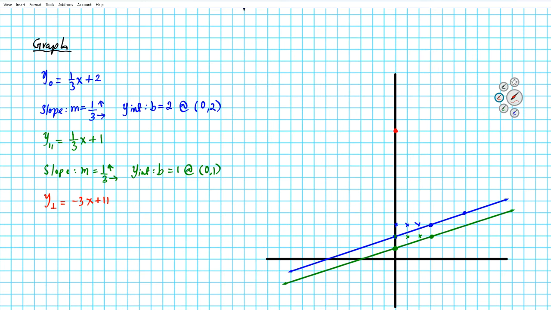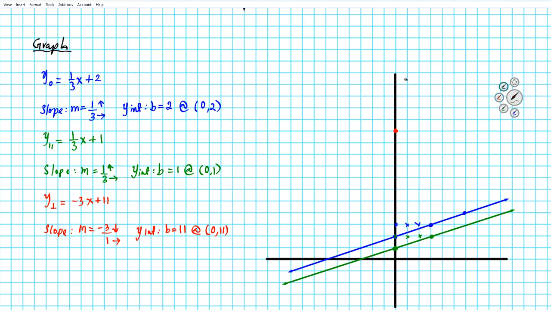To draw the equation of this line, we need the slope. So the slope m is -3. Write it as a fraction, -3/1. So we're going to fall 3 and run 1. We're going to start from the y-intercept b, which is 11. So that's at 0, 11.